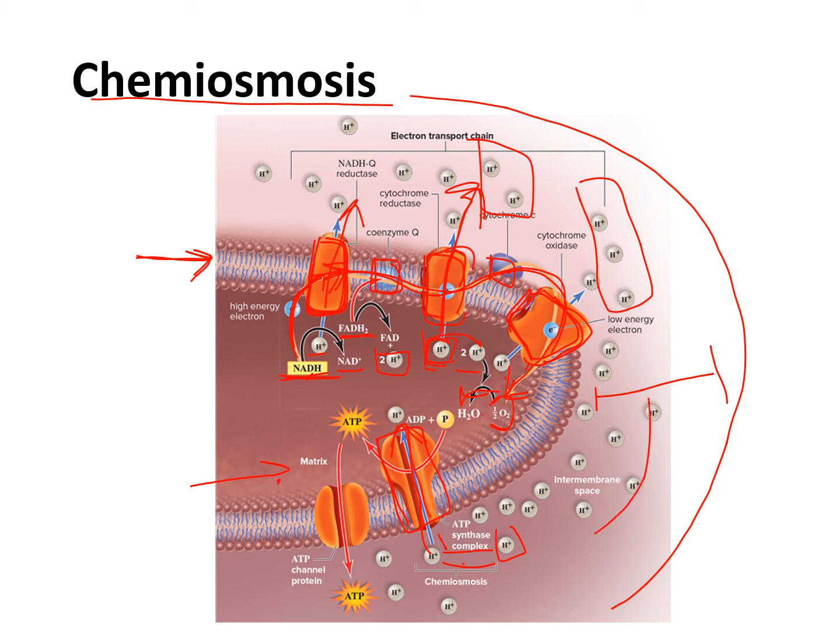So this high concentration of hydrogen ions is going to flow through the ATP synthase, and that will allow ATP to be generated. So ATP, the phosphate, will be added to the ADP, and that will produce ATP. So this is the process of chemiosmosis. And during cellular respiration, this is where you have the highest amount of ATP produced.